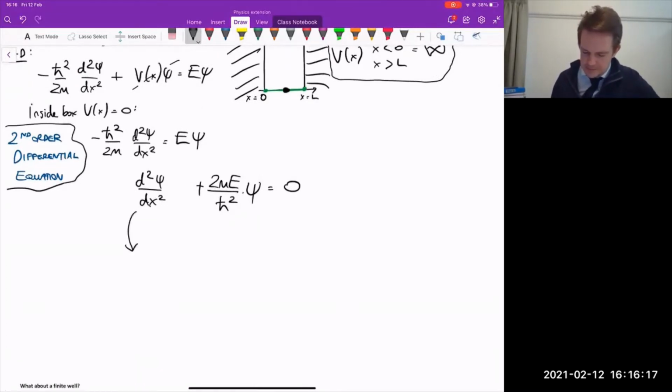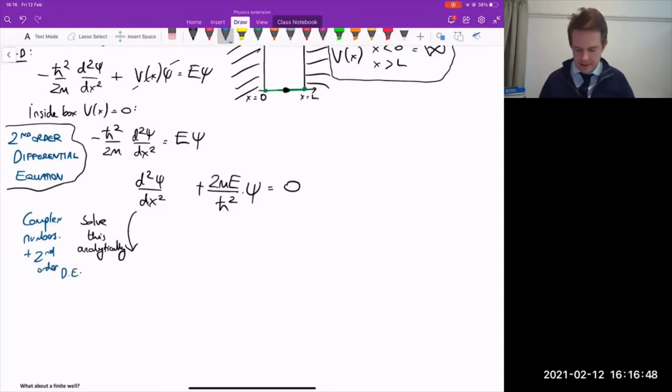To solve this equation analytically, meaning using mathematical methods to get a proper solution, requires you to know something about complex numbers and how to solve second order differential equations. I'm happy to show people this later who want to stay, and for those of you who have some background in that, I can do it, but I'm not going to do it to start with.